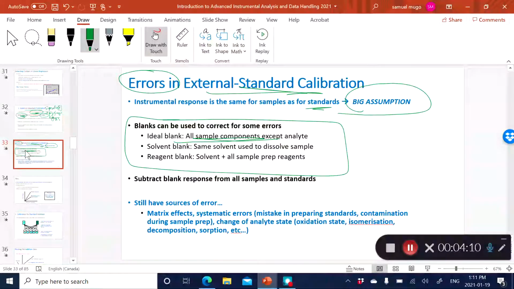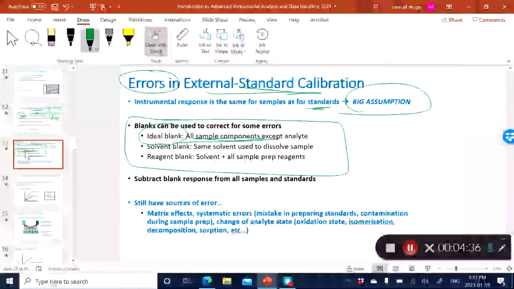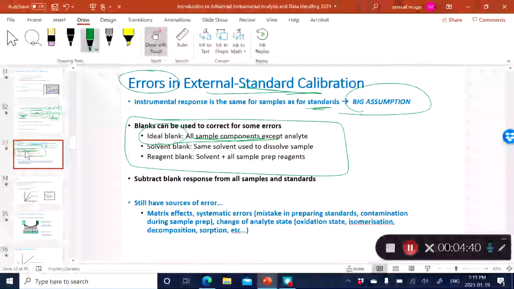Take an example. You're trying to analyze, say, lead in a coal tar that you obtained from Northwest Territories. Ideally, if at all you can get an ideal blank, the ideal blank should have everything in the coal tar other than the lead analyte that you're analyzing, which is totally, of course, impractical.